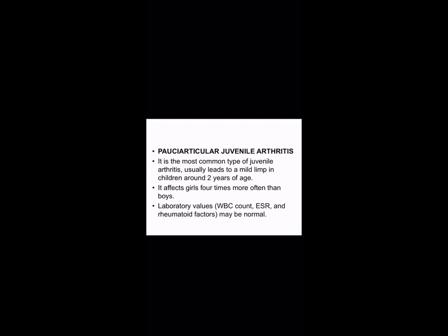So don't forget juvenile arthritis. It's common in young children. Any joint can be involved. The foot and ankle are among the common joints, and it can be the hip or the knee. So this is one of the causes which you always need to remember.